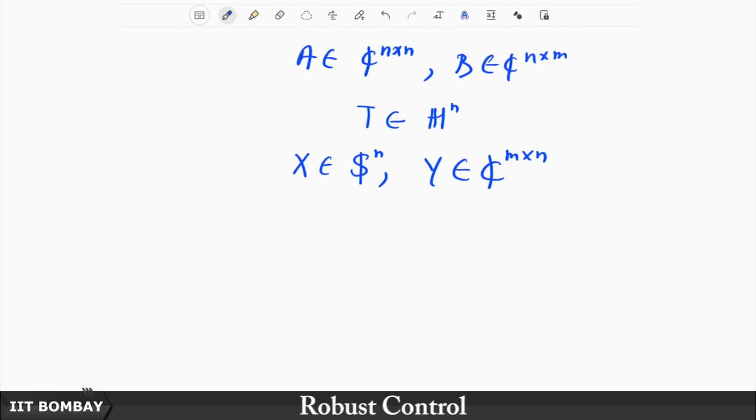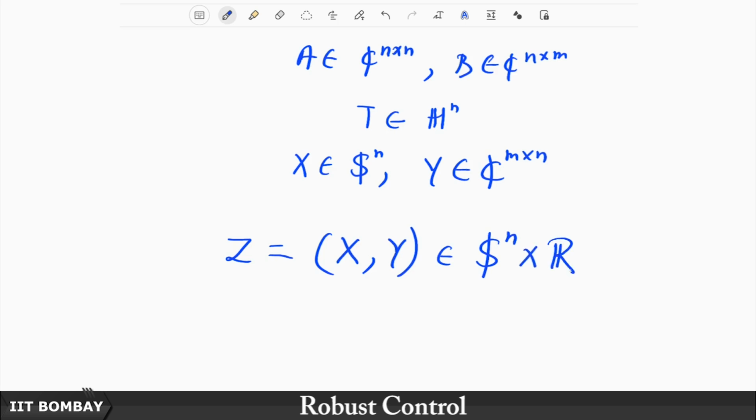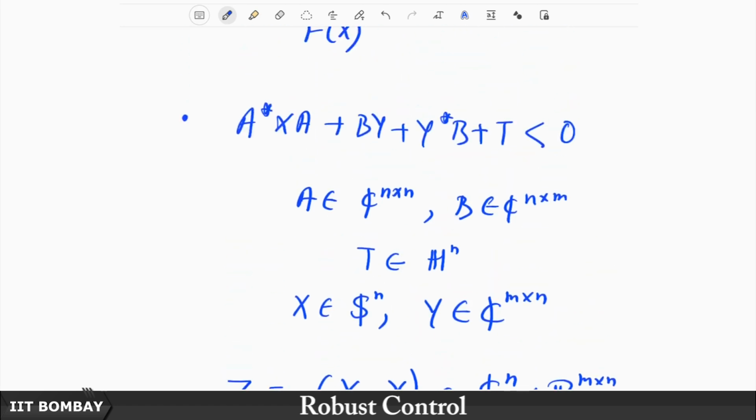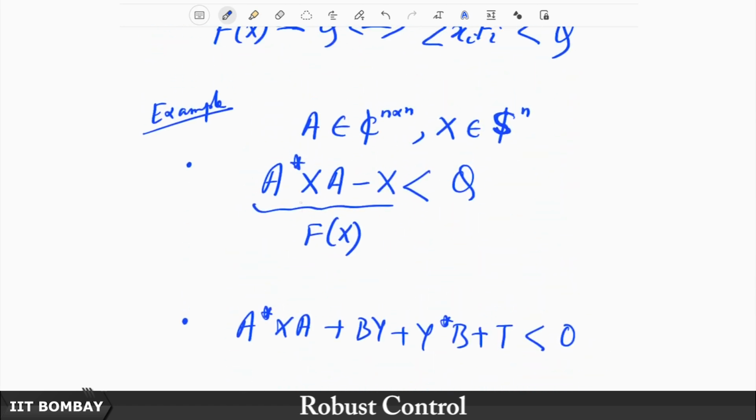Okay, so particularly, because I know the solution here, let's define Z as coming from this Cartesian product of the vector spaces S^n cross R^{m×n}. Now listen, earlier it was very straightforward.